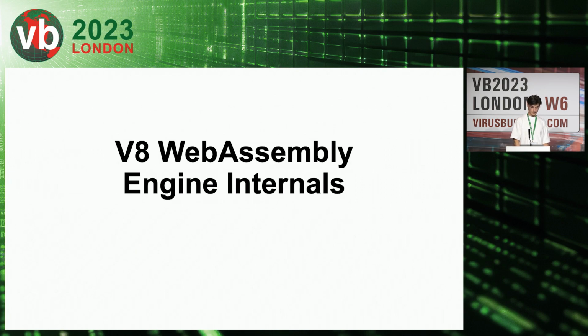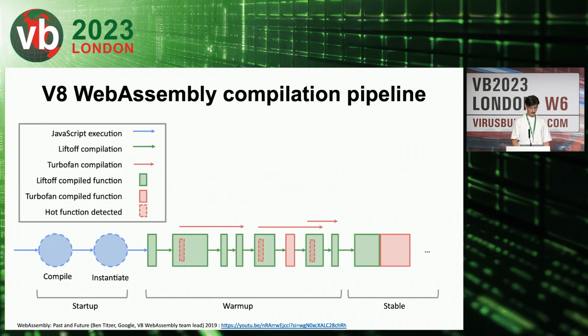Let's now talk about the V8 WebAssembly engine internals that will help you understand our detection system. First of all, let's talk about the WebAssembly compilation pipeline. This pipeline is pretty complex, and the V8 engine is still in development, so there are lots of changes happening. But right now, the compilation pipeline looks like this.